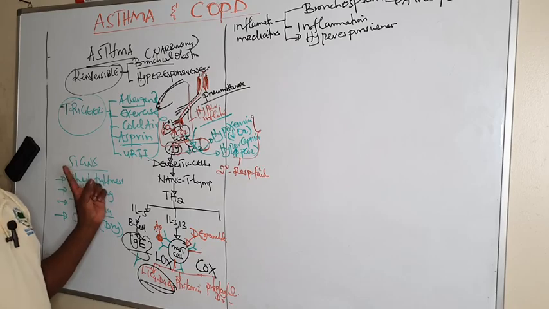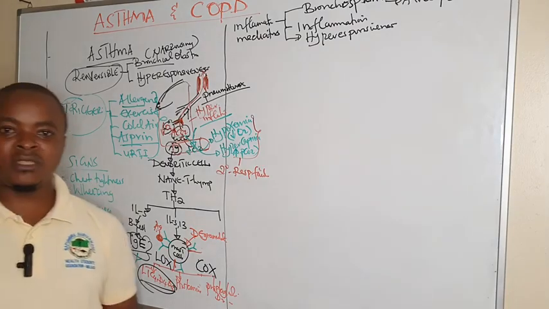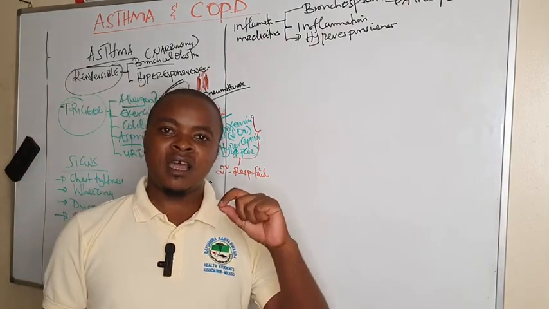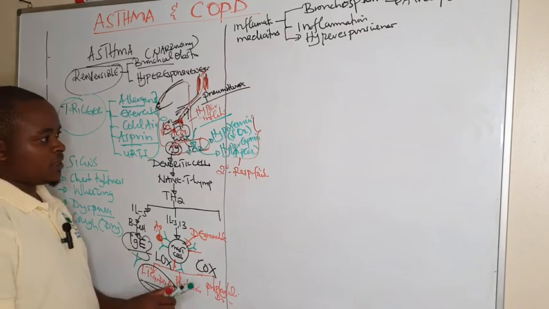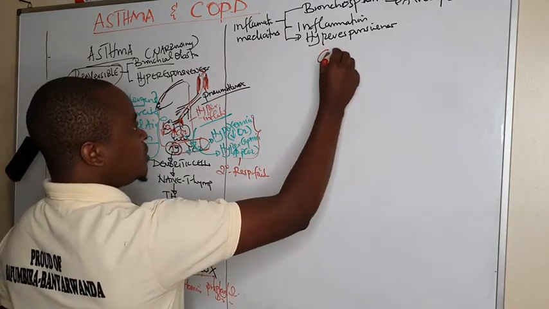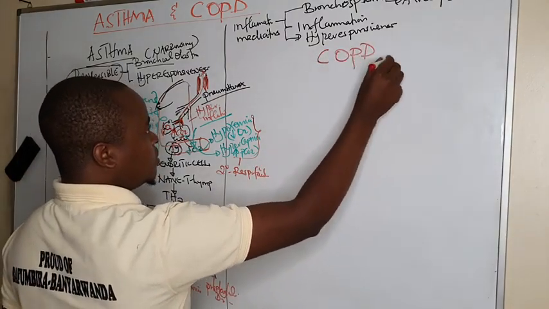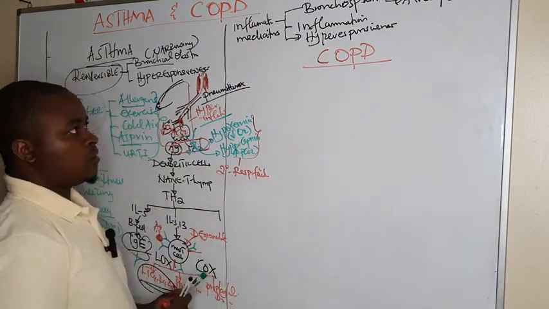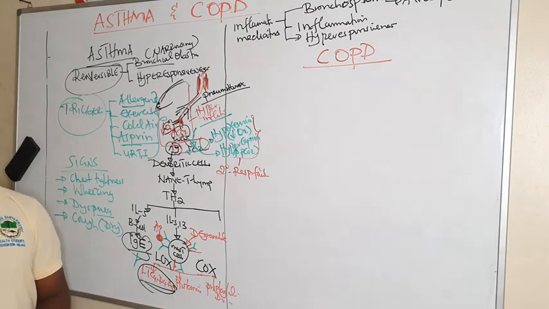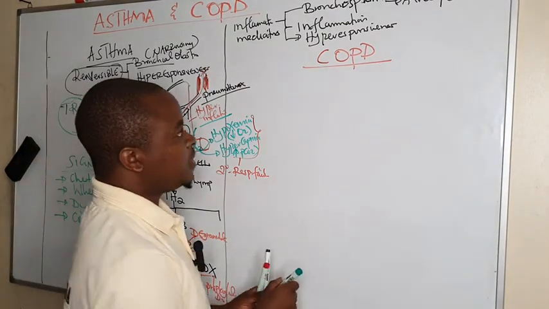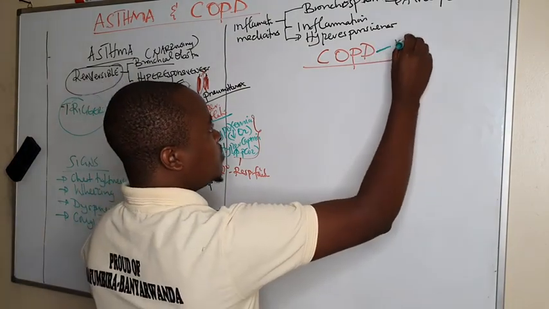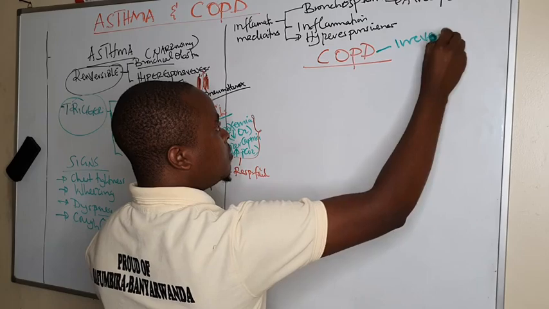Then after looking at asthma, before we look at the diagnosis, we are going to continue and look at how it differs from COPD. So the next thing we can talk about is COPD, chronic obstructive pulmonary disease. This is irreversible.